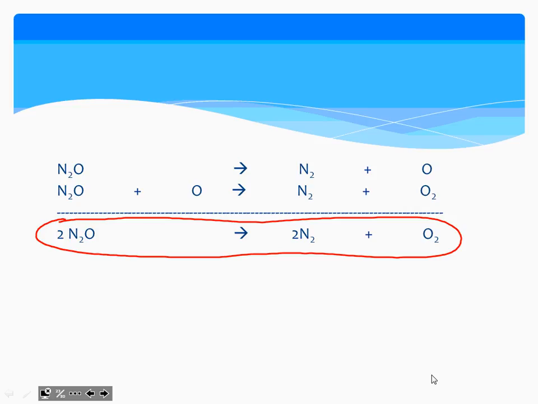Right here. So that is an intermediate. Oxygen would be considered an intermediate right here. Does that ever show in this reaction that oxygen's an intermediate? No, because we don't see the mechanisms.